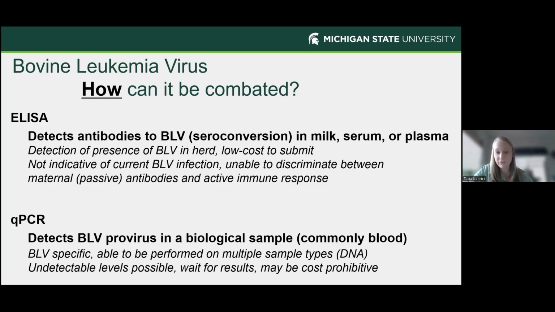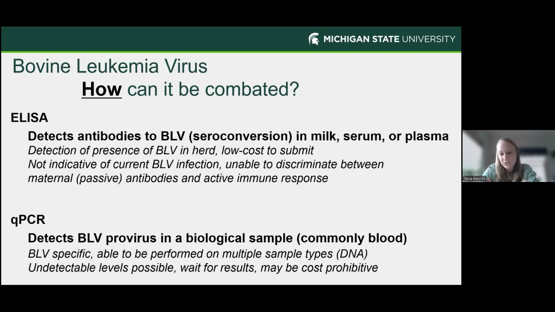It's BLV specific. It's able to be performed on multiple sample types, like I said, so anything that you can extract DNA from. Undetectable levels are possible. So you get a quantitative result, essentially how much provirus is in that animal or how much virus the animal is harboring.